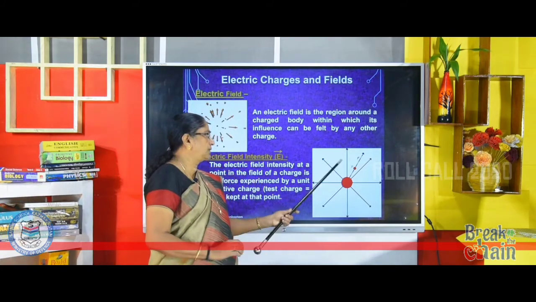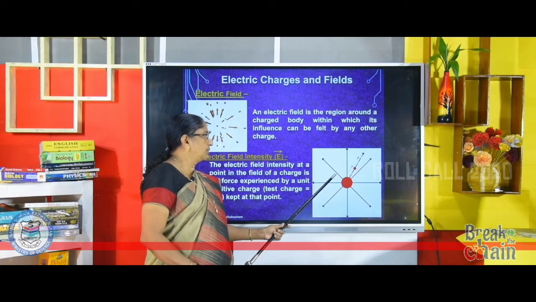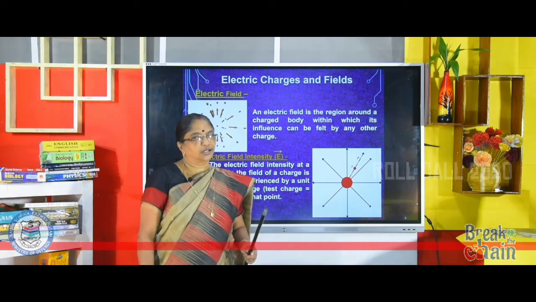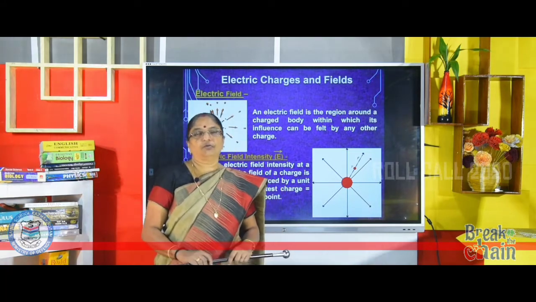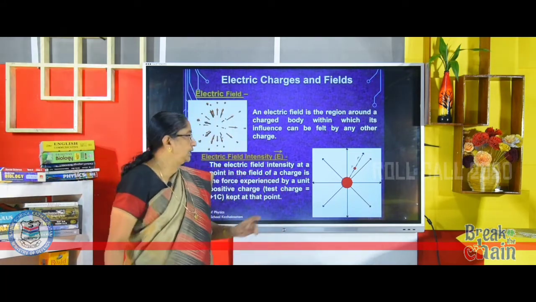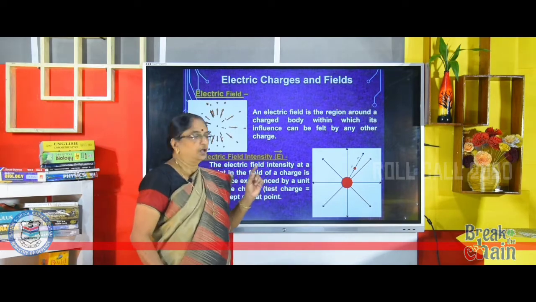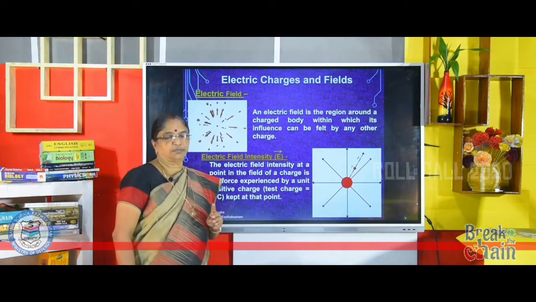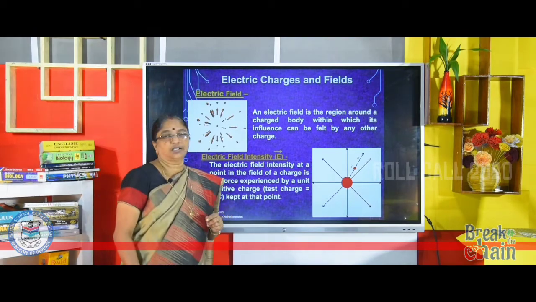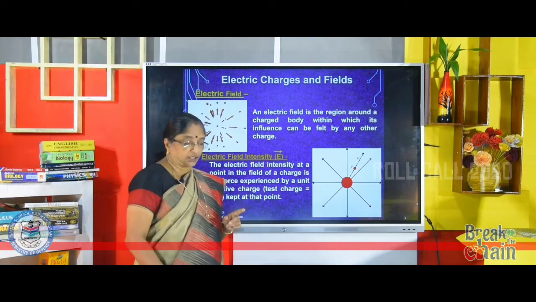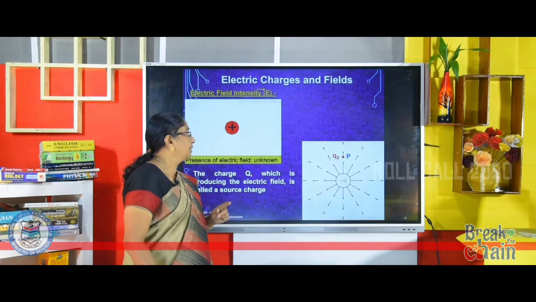Keep a test charge at P. So this charge will experience a force on the test charge, and that force is a measure of electric field intensity at that point. Force experienced by a unit positive charge, which is known as test charge, kept at that point.